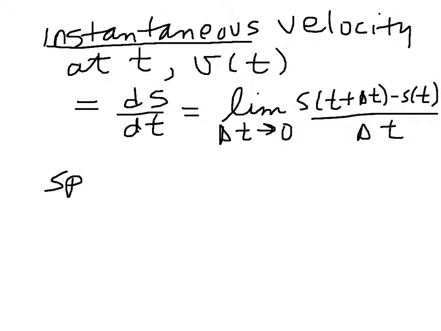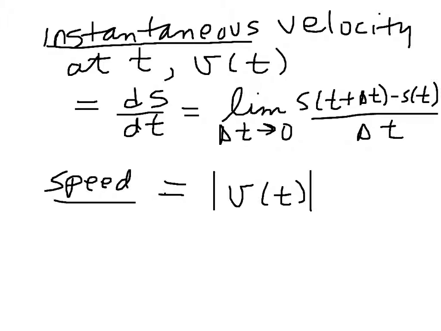And the speed of a particle is just the absolute value of the velocity. So I can also write it like this. You know, I think that velocity is a vector. It has direction and magnitude, and so speed is simply the magnitude of the velocity vector.